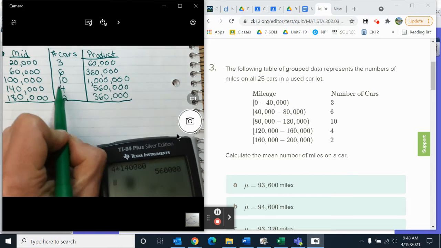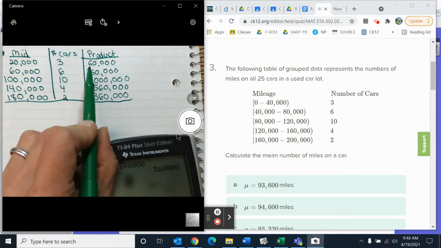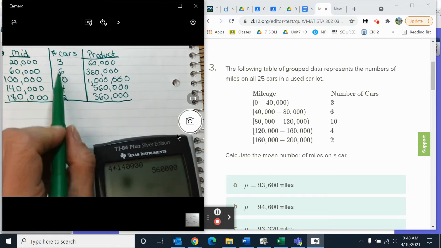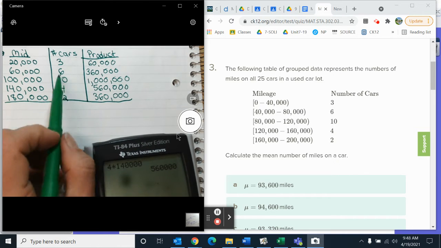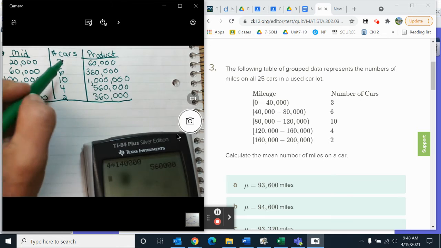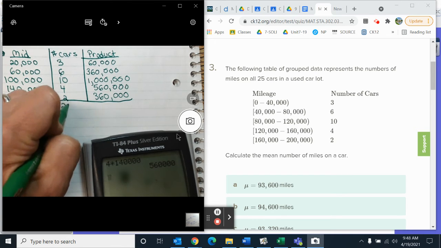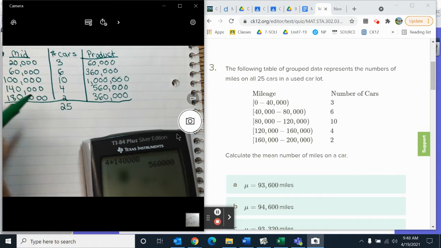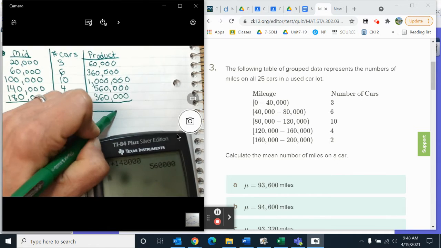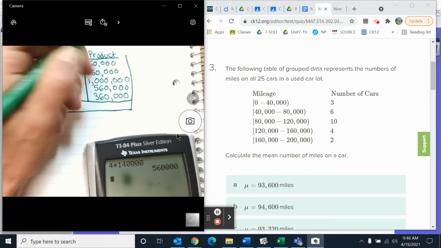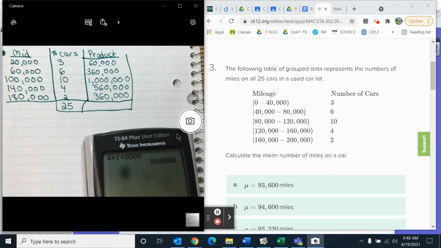But remember, we need the total. We're adding up all of these miles of cars and dividing by the total number of cars. And there are 25. We're also told this information to begin with. But then we need the sum of our products.